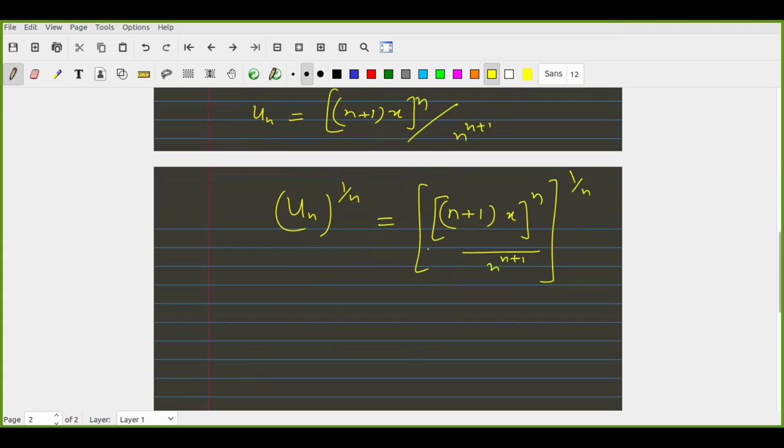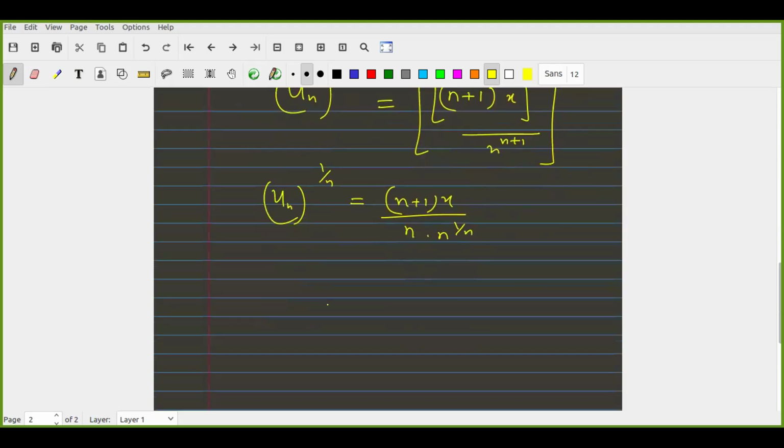It's very clear that the power n gets cancelled, and we just get (n plus 1) times x in the numerator. In the denominator, it is n power n into n. This n power n, with taking the nth root, comes out to be just n. And what remains is n power 1 by n. This is your un power 1 by n.